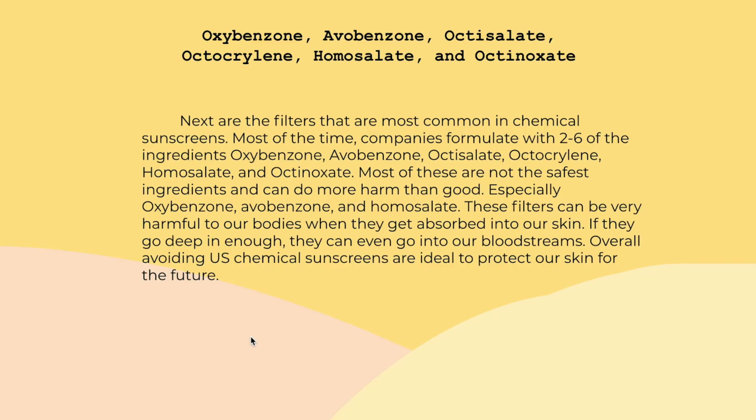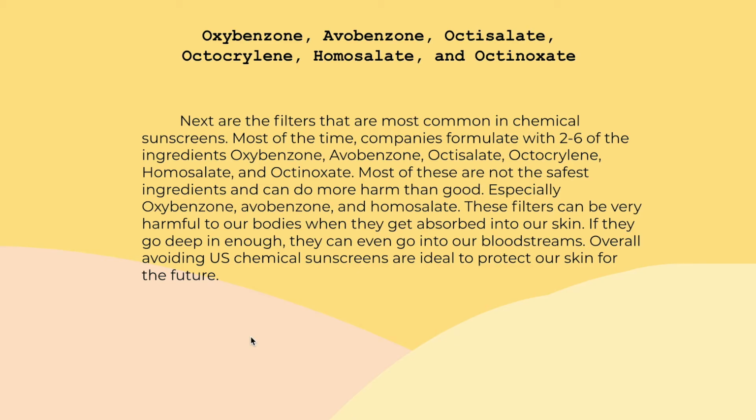Next are the filters that are most common in chemical sunscreens. Most of the time, companies formulate with 2 to 6 of these ingredients: oxybenzone, avobenzone, octisalate, octocrylene, homosalate, and octinoxate. Most of these are not the safest ingredients and can do more harm than good, especially oxybenzone, avobenzone, and homosalate.